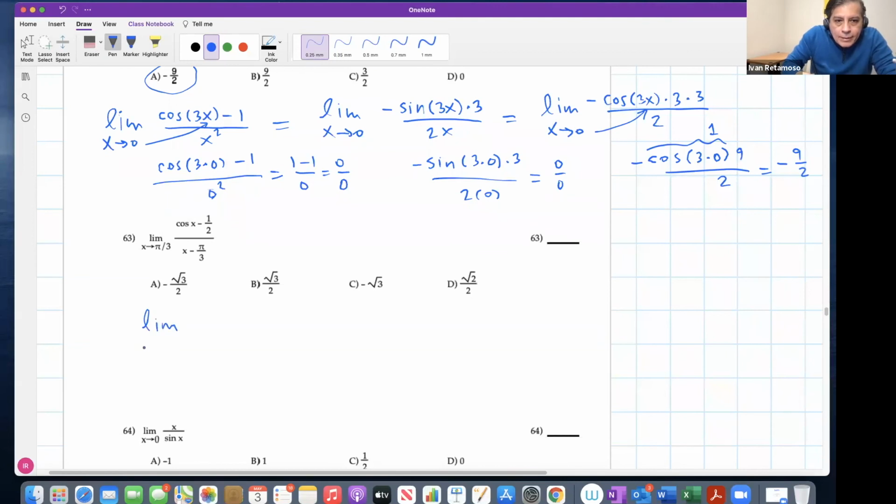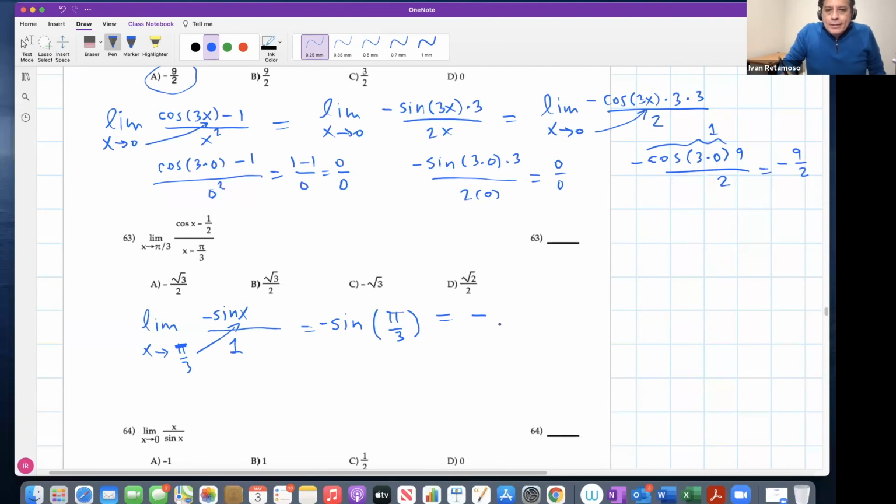This will be equal to the limit as x approaches pi over 3. The derivative of the numerator is the derivative of cosine, minus sine of x. The derivative of the constant is 0. The derivative of the denominator is just 1. Now, L'Hopital says apply your direct evaluation again. Don't forget the minus. And this should be your answer. What is sine of pi over 3?